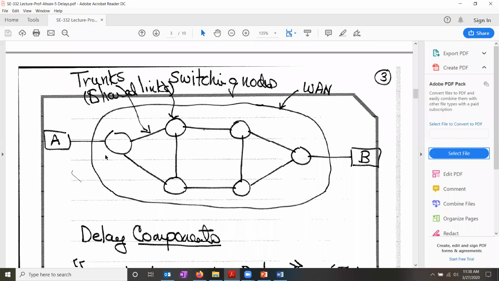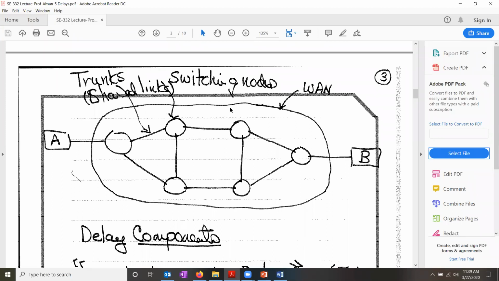A router has incoming and outgoing buffers. Every node has incoming buffers and outgoing buffers. And the packets that are coming are held in these buffers in line in a queue before they are processed by these nodes.